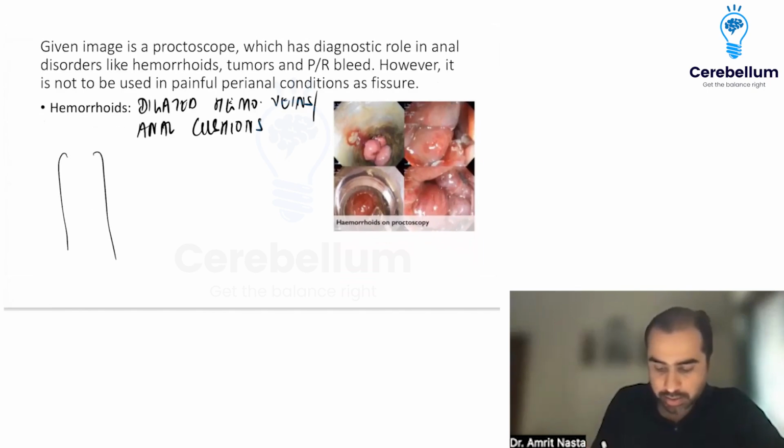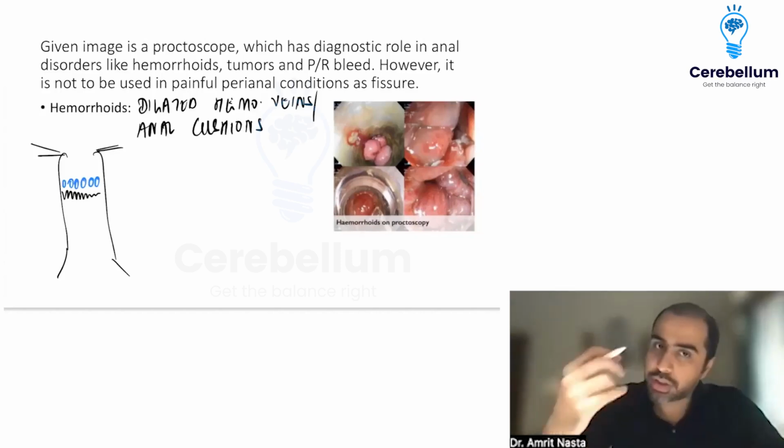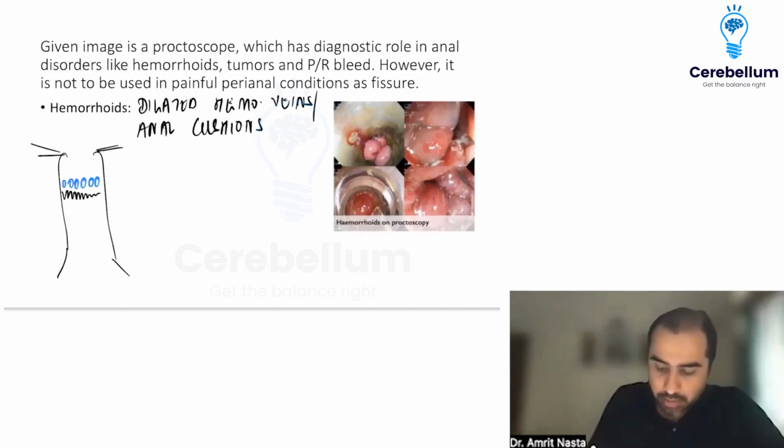Anal canal is like this. Above is the levator ani, and there is a dentate line over here. Over the dentate line, you have your anal cushions. They have mucosa, submucosa. They are some special structures. Because of constipation, these things get dilated and they start getting pulled down.